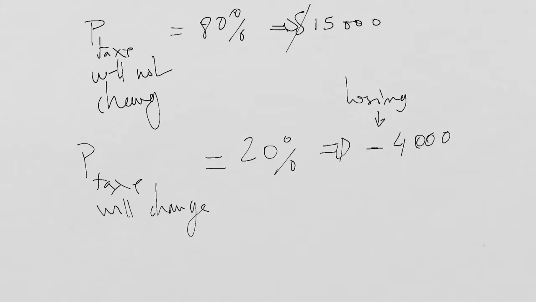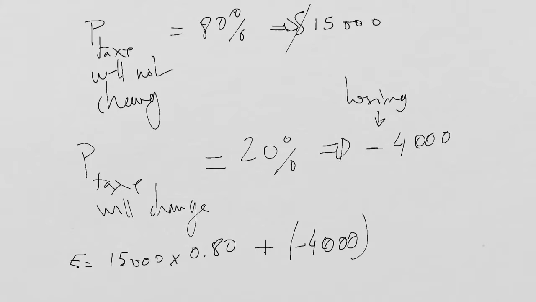And so the expected value is $15,000 multiplied by 0.80 plus minus $4,000 multiplied by 0.20. And the answer is $11,200.